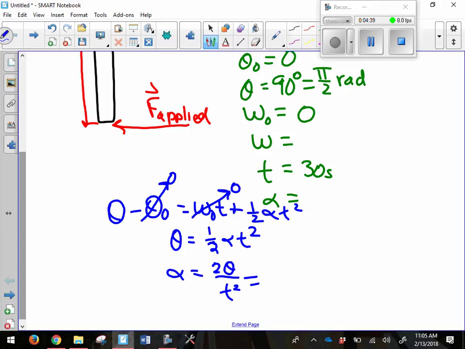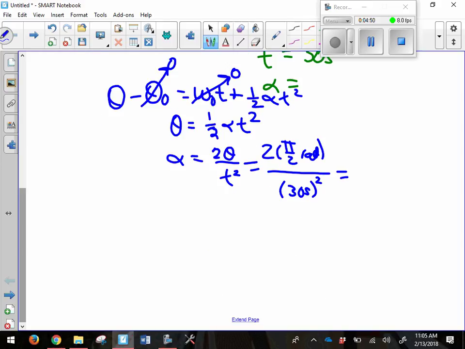I think if I do my algebra. So I've got 2 times pi over 2 radians divided by 30 seconds squared. And what do we get? And don't give it to me in terms of pi, give me a decimal.